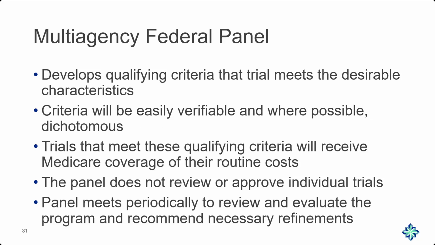It includes the National Institutes of Health, the Centers for Disease Control and Prevention, the Food and Drug Administration, the Office for Human Research Protections, and research arms of the Department of Defense and the Department of Veterans Affairs. They develop the qualifying criteria that will indicate a strong probability that a trial exhibits these 7 desirable characteristics that we just went through on the last several slides.